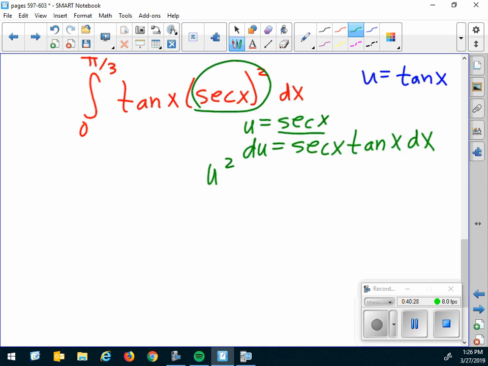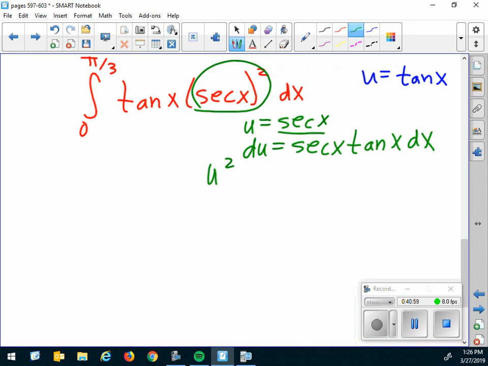I don't have it. And you cannot introduce a variable. You can pull in a 2 and a 1/2, but I cannot introduce a variable. That's why I had it screwed up, because this would have been u squared, so I didn't have an extra secant.